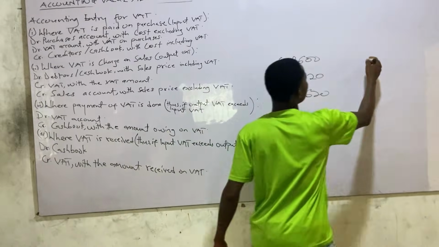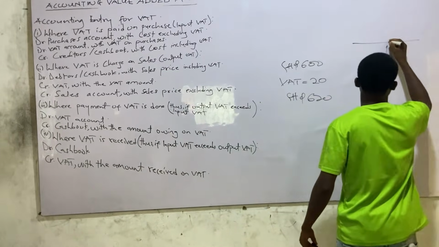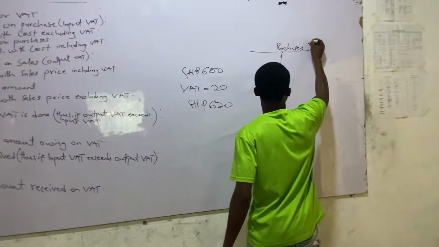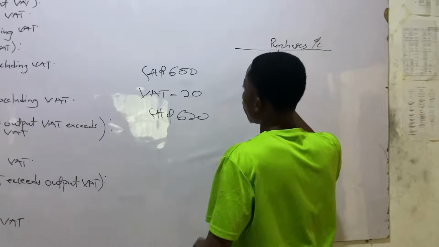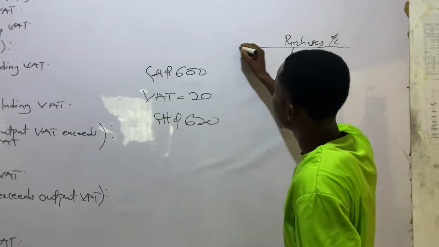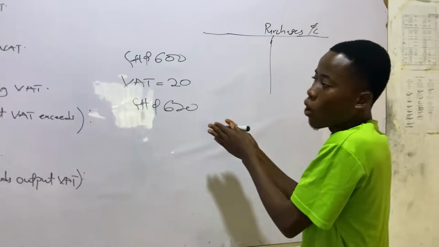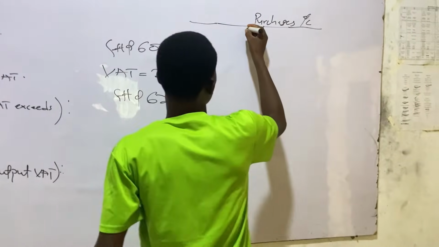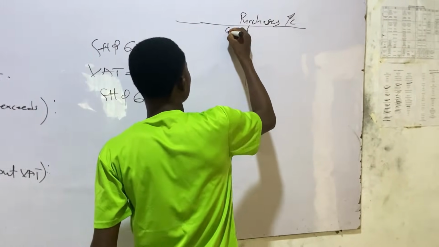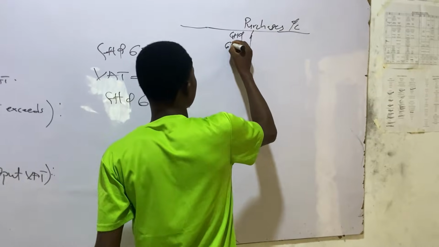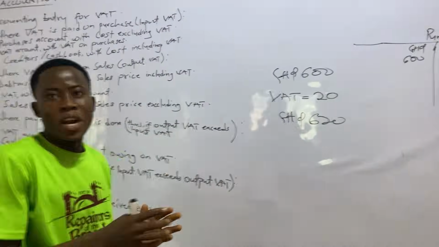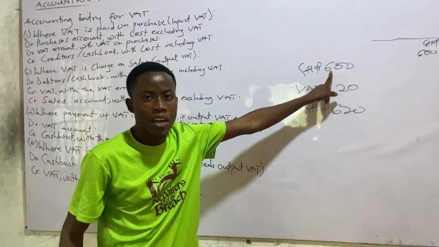So this could be our purchases account. Now we debit the purchases account with the actual amount involved, which is 600 cedis of the goods.